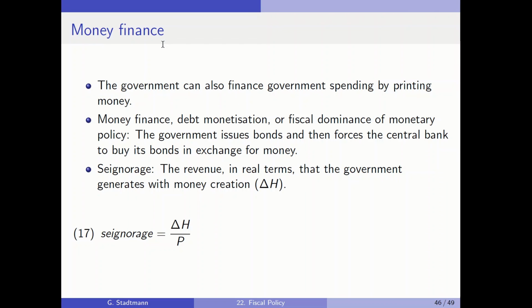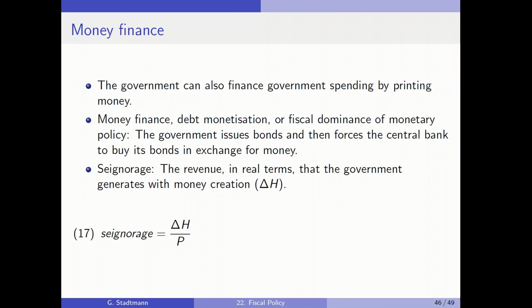This occurs in case that the central bank is printing money, then the monetary base changes. And we divide by the goods price because it is very important how many bars of chocolate the government can get for this increase in the monetary base for the amount of printing money.